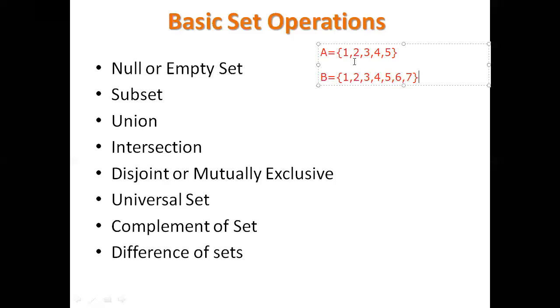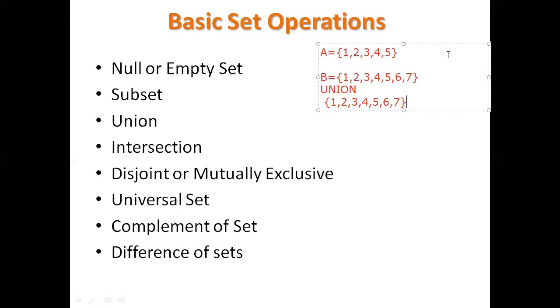It is combining the elements in A and the elements in B. If you do the union operation, the result will be combining the elements in A and elements in B. That is why 1, 2, 3, 4, 5, 6, 7. In this way you get the union of two sets.